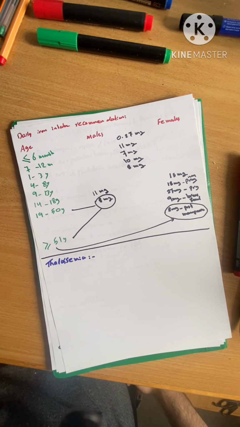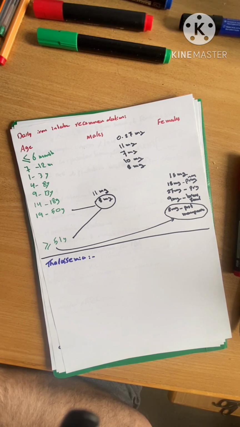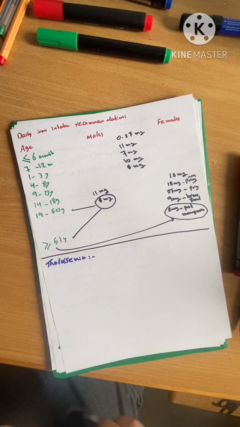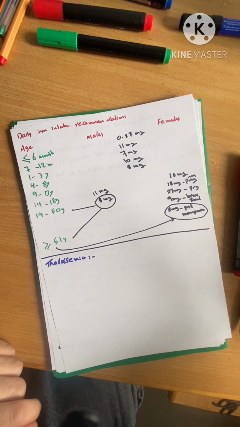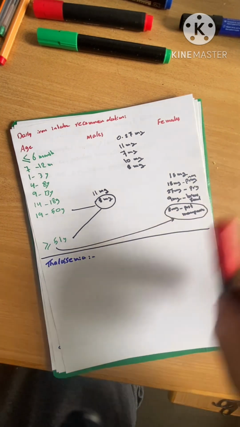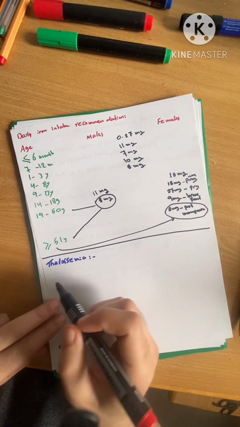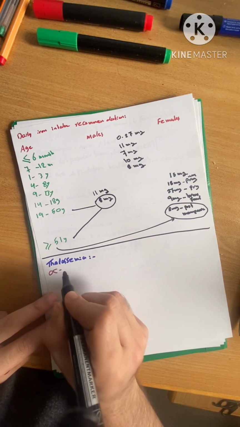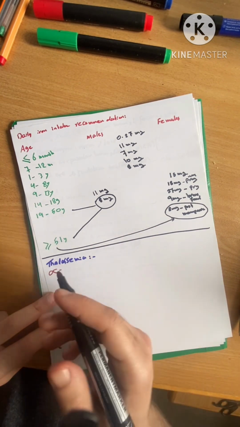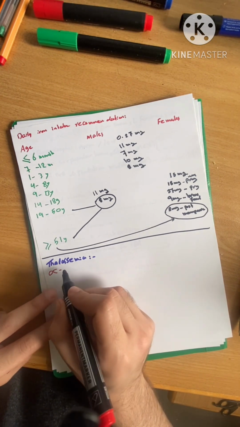thalassemia. Let me make the criteria. First of all, let me say we are having alpha thalassemia, which is a mutation in the alpha globin genes.